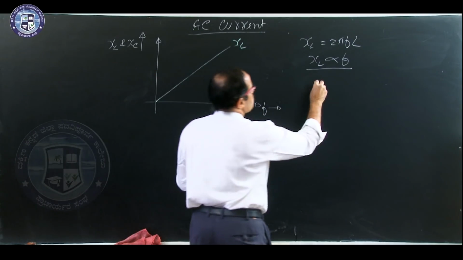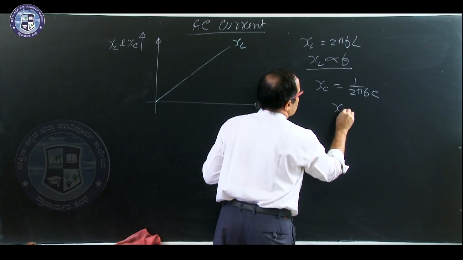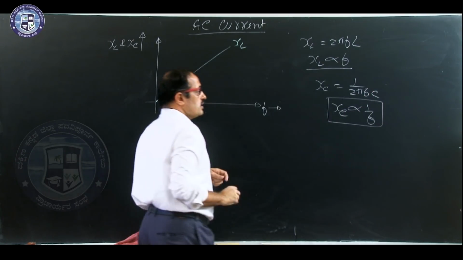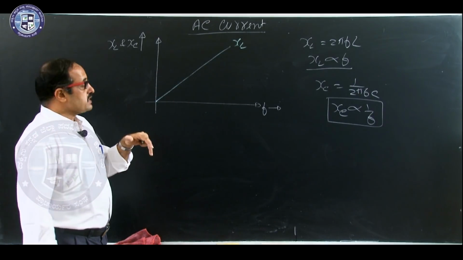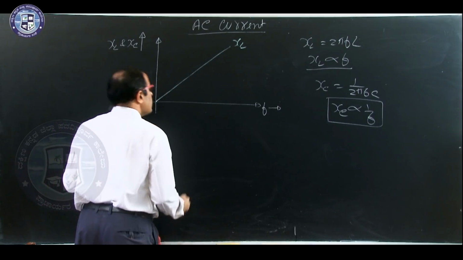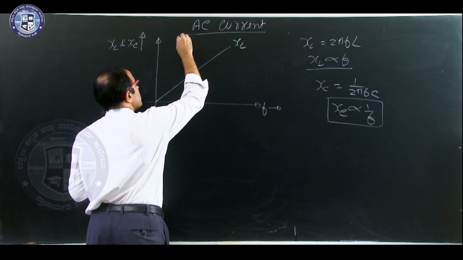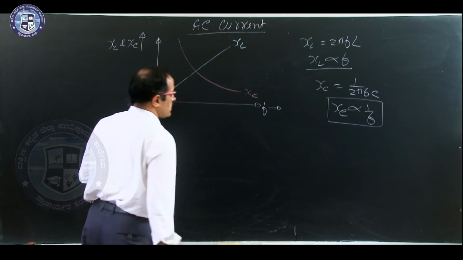Capacitive reactance is 1 divided by 2 pi f C, or XC is inversely proportional to frequency. As the frequency of AC increases, capacitive reactance decreases and the graph is decreasing exponentially like this. It is the graph for capacitive reactance.